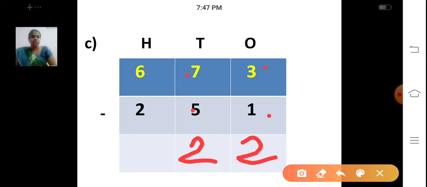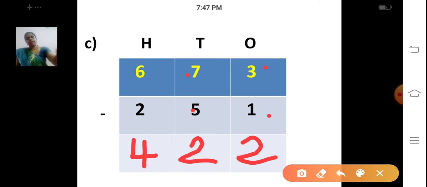So start from number 2. Count forward till you reach 6. After 2, 3, 4, 5, 6. So 400. 6 minus 2 is 4. So the answer is 422. When you subtract 673 minus 251, the answer is 422.